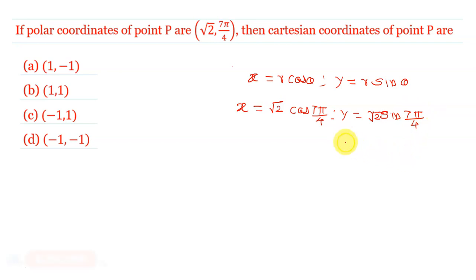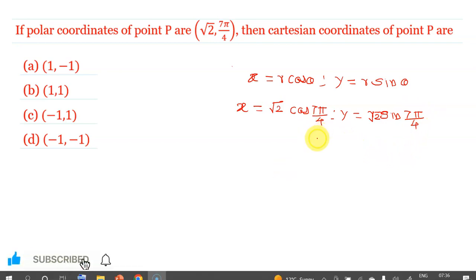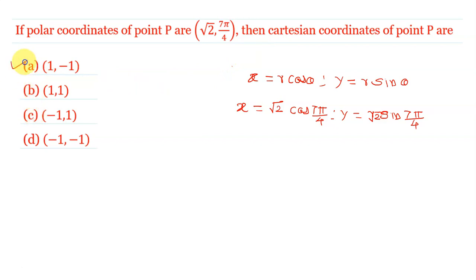Now here, 7 pi by 4 lies in the fourth quadrant. We can also write the answer of this question directly. This theta is in the fourth quadrant where x is positive and y is negative, and hence option A is the correct one.